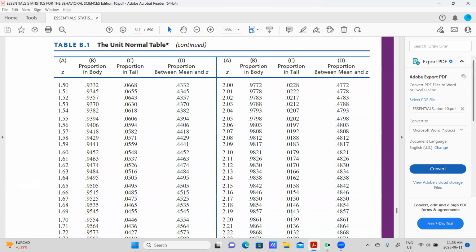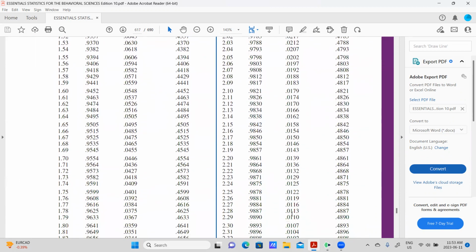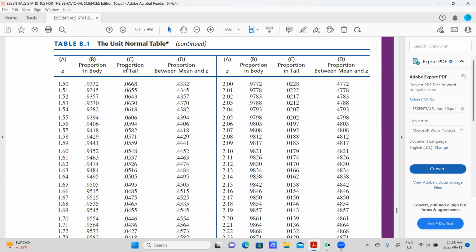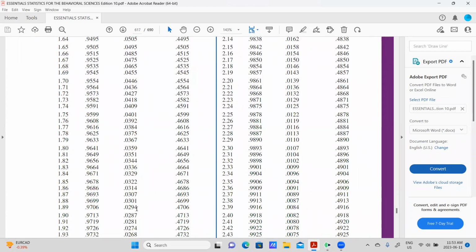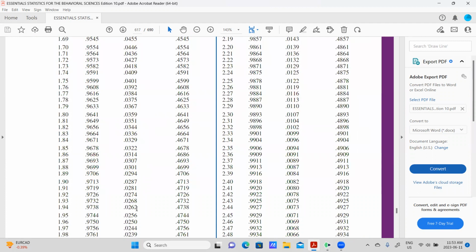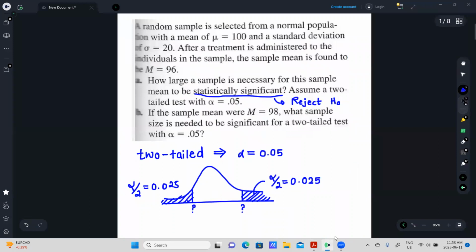Okay, here you have exactly 0.025, and the Z value is 1.96. So that's our critical value.